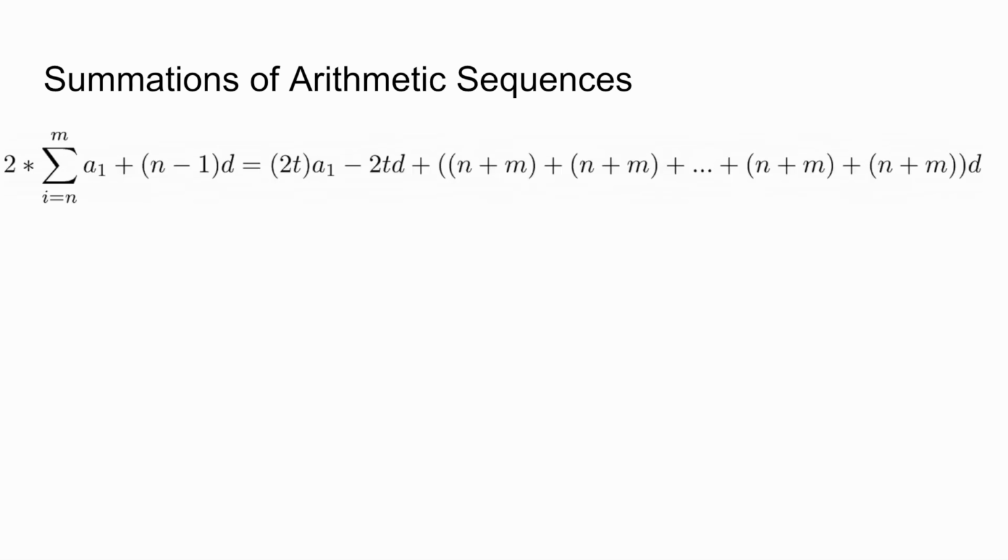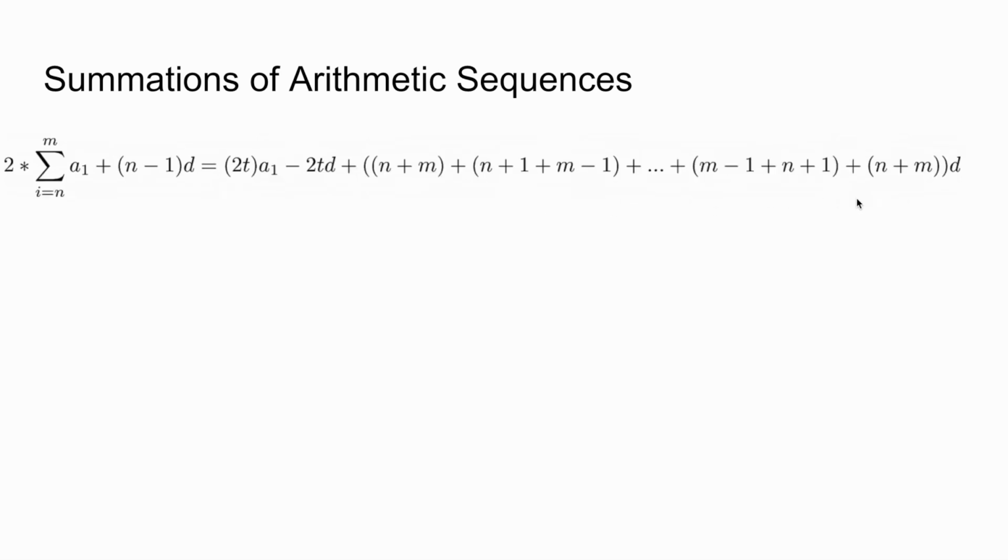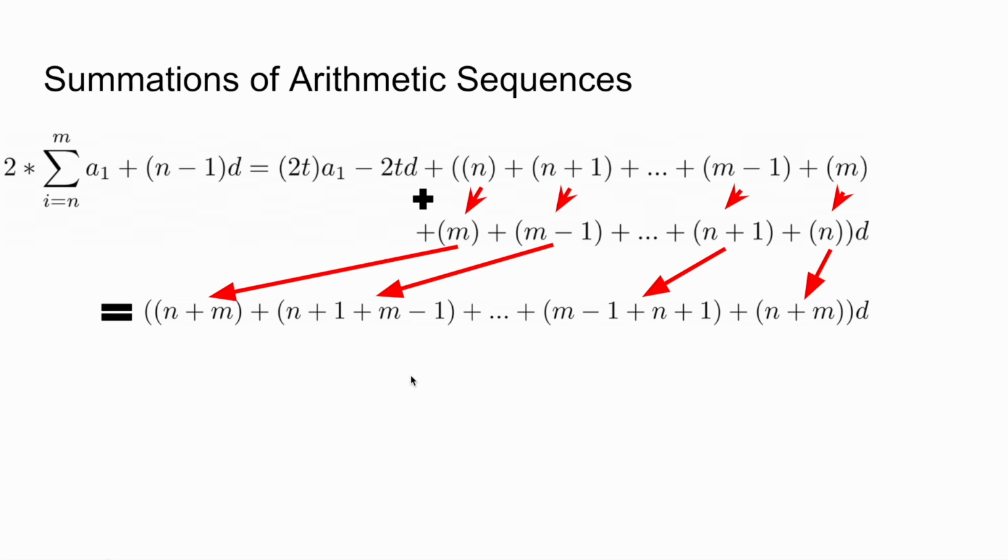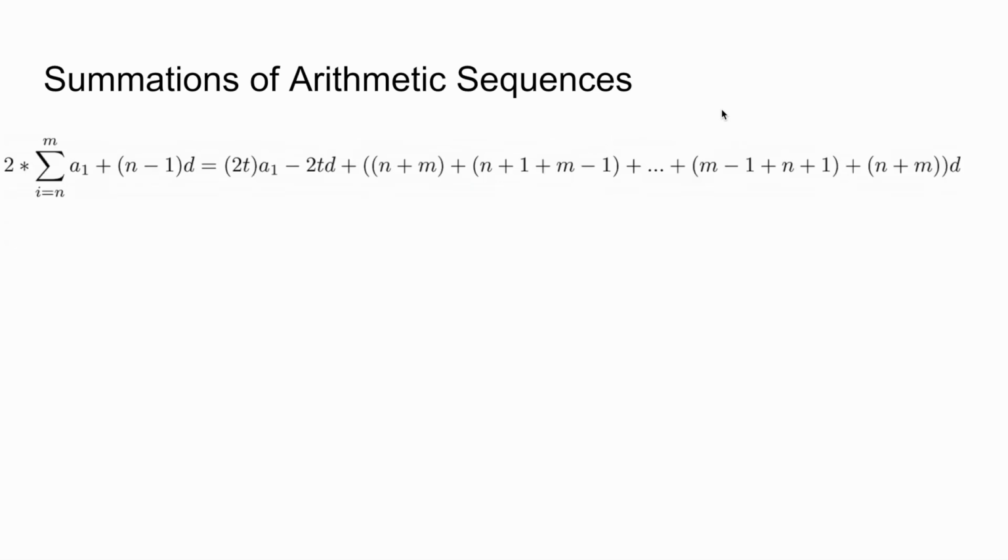And so now we know that there's going to be t number of n plus m's in here. And it's not 2t, because when we added this all up, we halved the amount of additions we're doing by adding everything up.